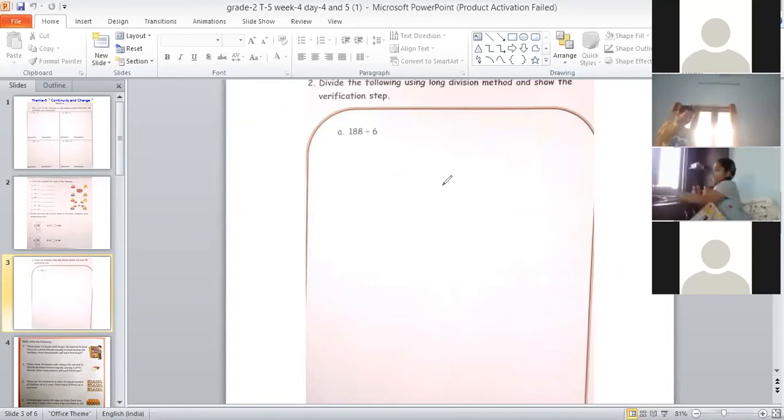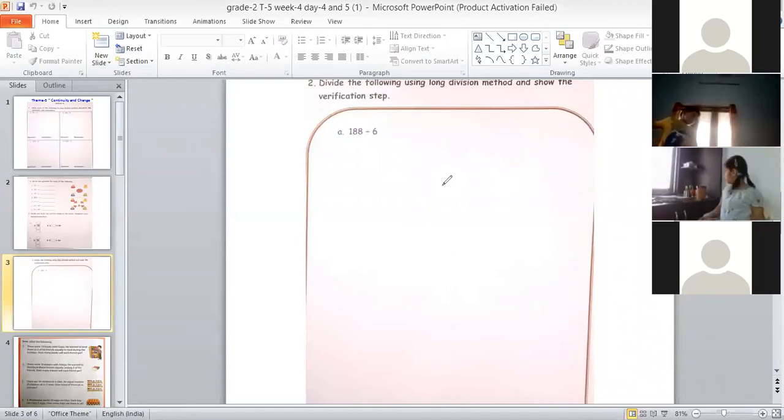Children, please open page number 102 of your math textbook and your notebook also. Open your notebook, write date and classwork and open page number 102 of your textbook. So what problems are there?